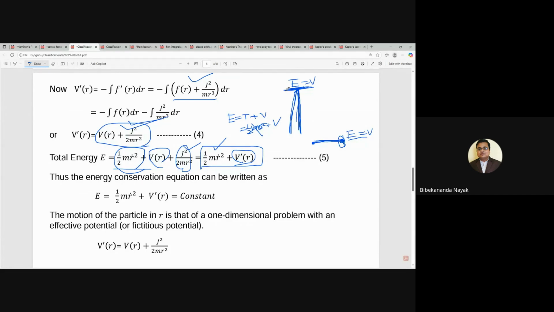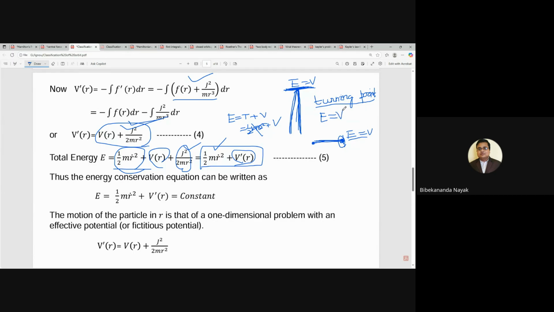The point where the direction of motion changes, we call the turning point. At that point, the direction changes. So in mechanics, we use the term turning point when the total energy is potential.